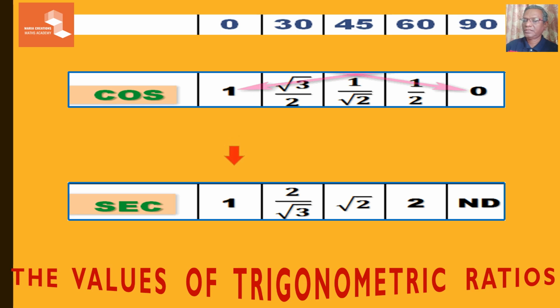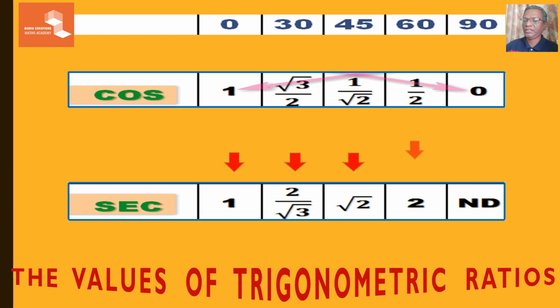Hence, secant 0 degree is 1 itself. Secant 30 degree is the reciprocal of cos 30 degree. That is reciprocal of root 3 by 2. That is 2 by root 3. Secant 45 degree is the reciprocal of cos 45 degree. That is reciprocal of 1 by root 2. That is root 2.